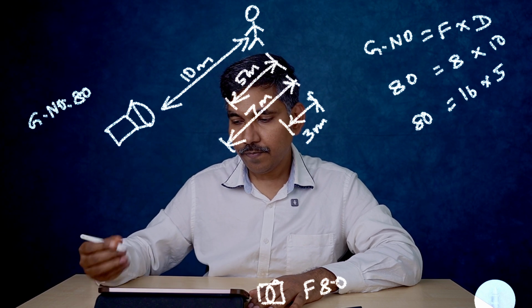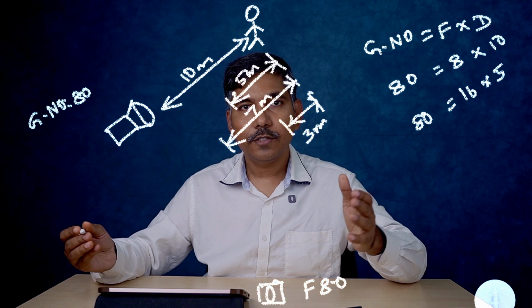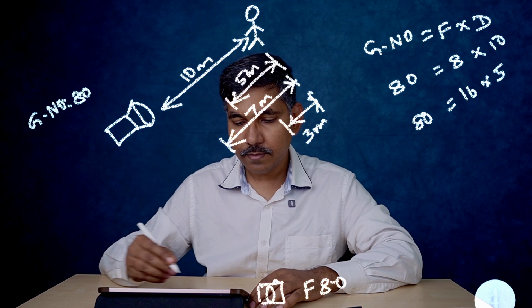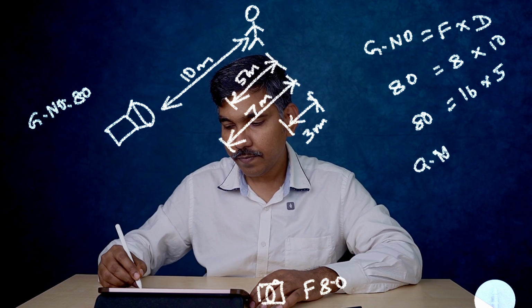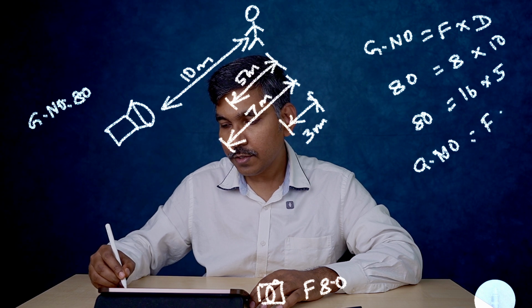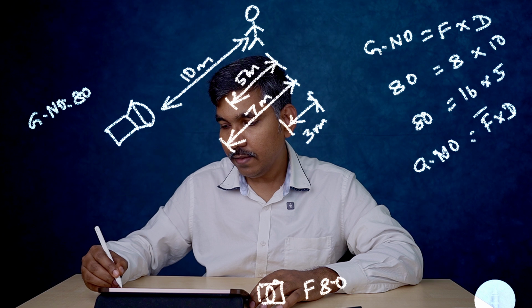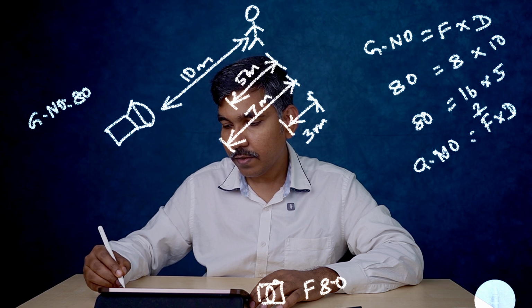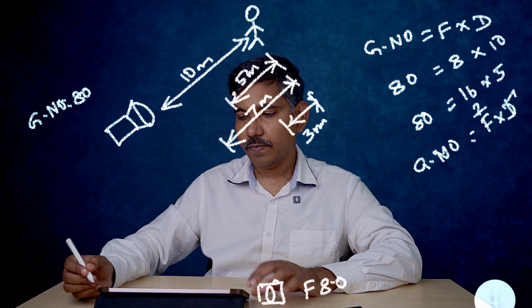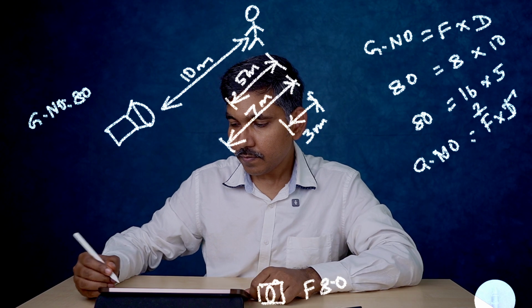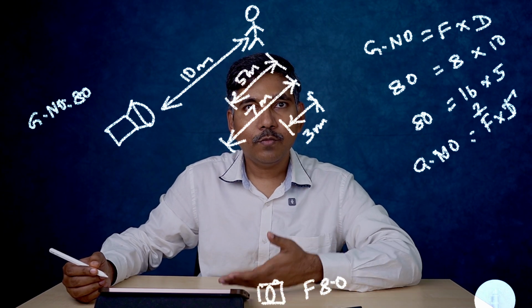Let's see how. During a shoot setup, we know the distance, we know the guide number. From that, aperture could be figured out. We know D and we want to figure out F. That is what a light meter does.